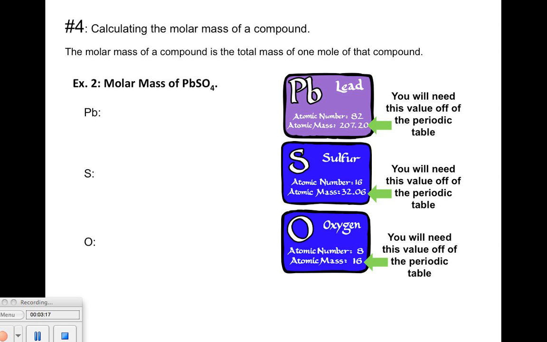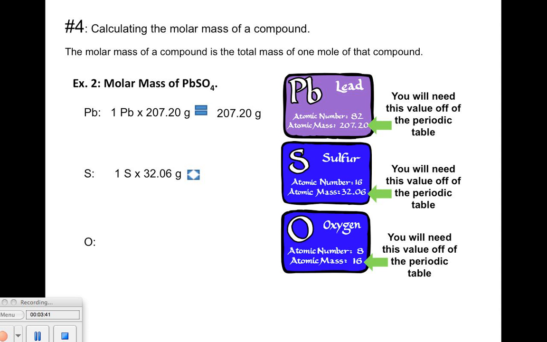So let's start with lead. In the formula PbSO4, you have 1 Pb, and we're going to multiply it by the mass of that lead atom, which is 207.20 grams. And that's going to give us the mass of the one lead, which is 207.20 grams. Sulfur also has one atom, and the mass of sulfur is 32.06 grams.